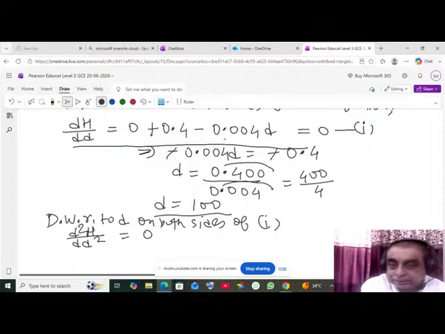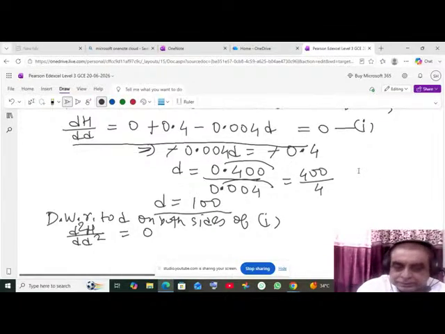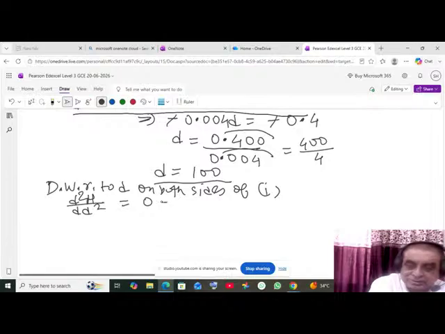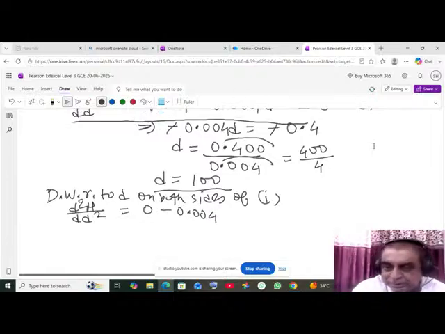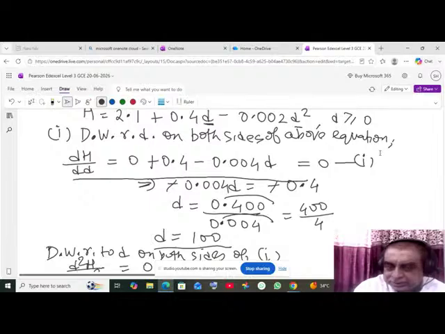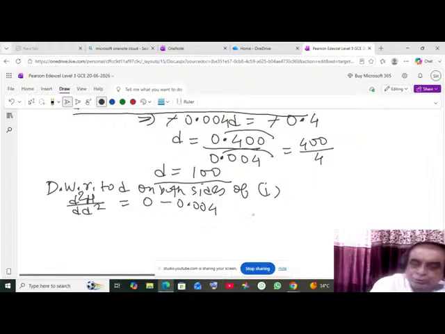And the differential coefficient of minus 0.004D will be minus 0.004. D will be eliminated, D will not be written; just the number before D, that is minus 0.004. So this comes to 0 minus 0.004, which is minus 0.004.